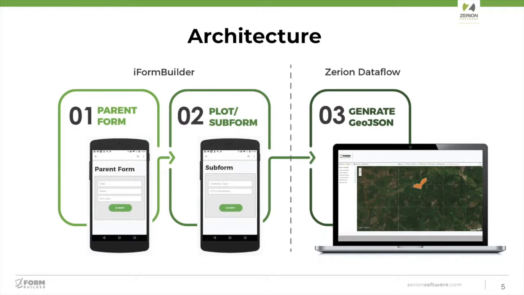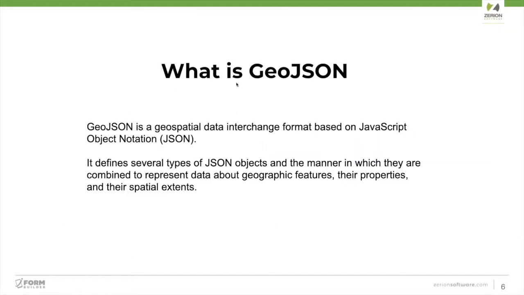After you generate GeoJSON, for those who are not familiar with it, GeoJSON is a geospatial data interchange format based on JavaScript Object Notation, or JSON, and it defines several types of JSON objects and the manner in which they are combined to represent data about geographic features, their properties, and their spatial extents.